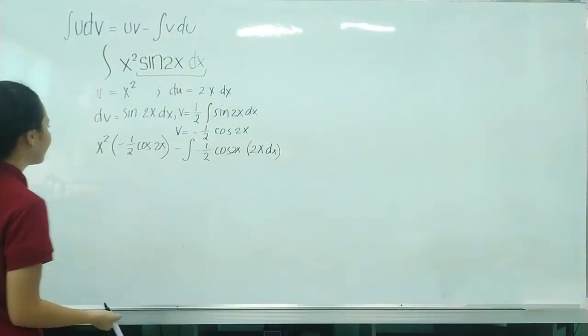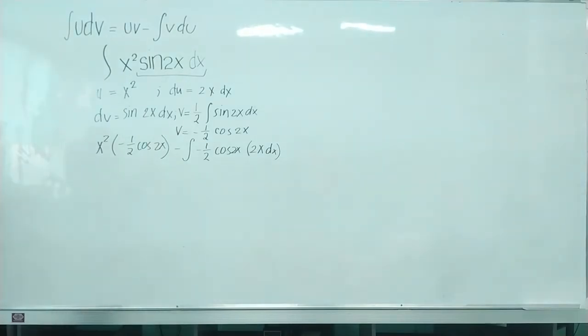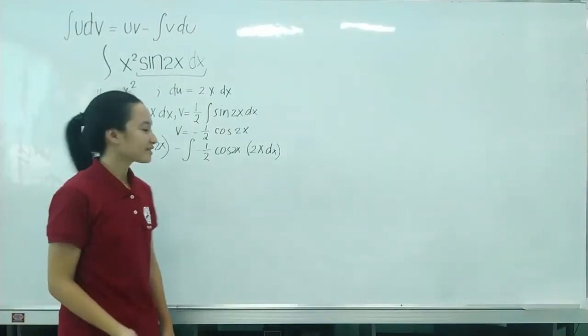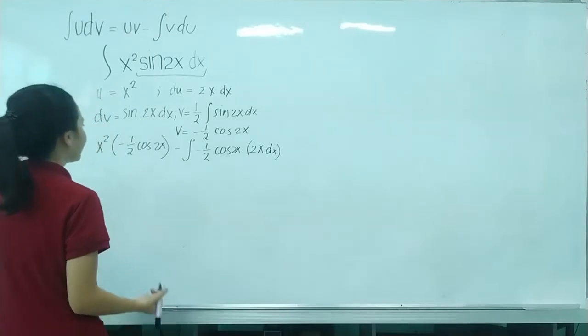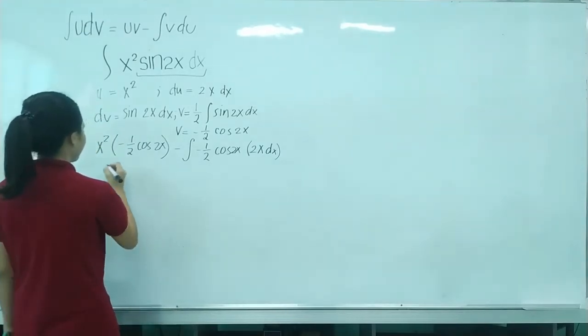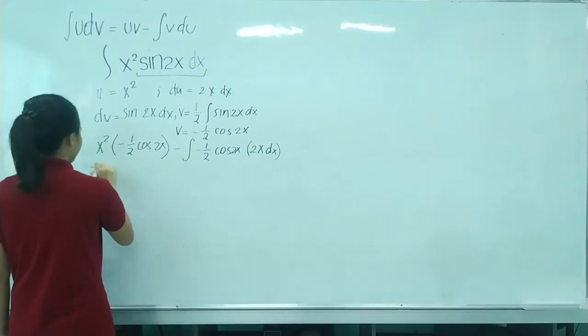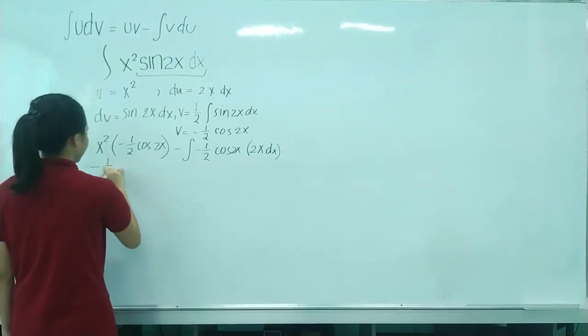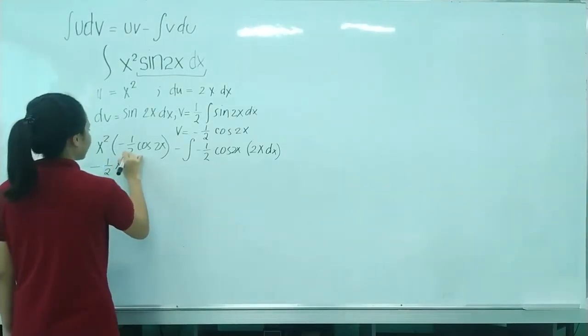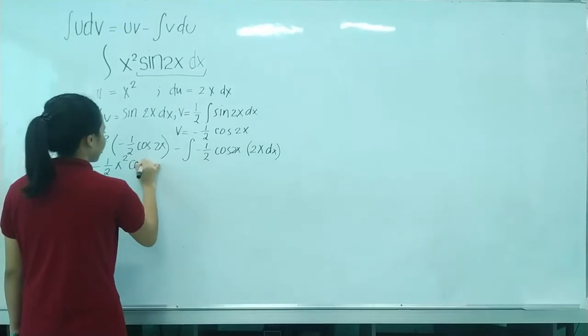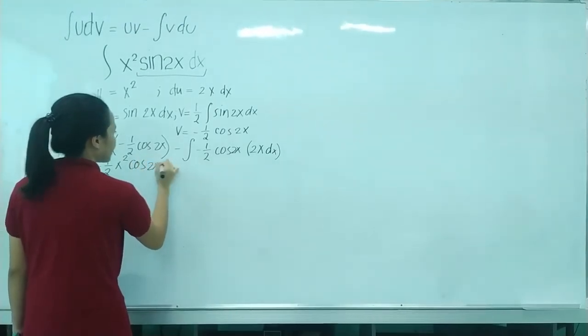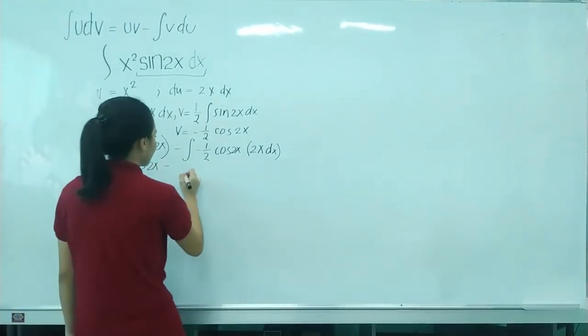So now, we can simplify our functions. It will be negative 1/2 x squared cosine 2x minus.